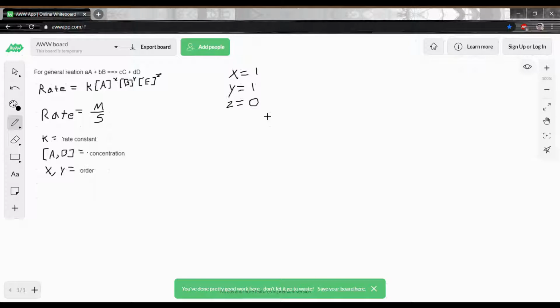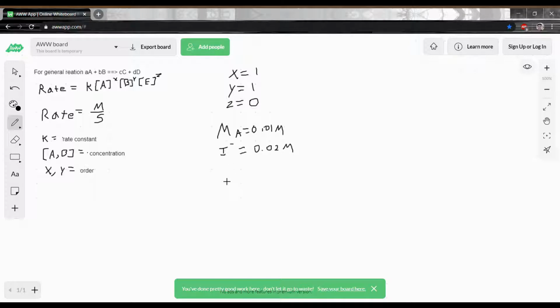We have a concentration of H2O2, which is our A. So we're going to say that the concentration of A is 0.01 molarity. We're given a concentration for I minus, that is 0.02 molarity.